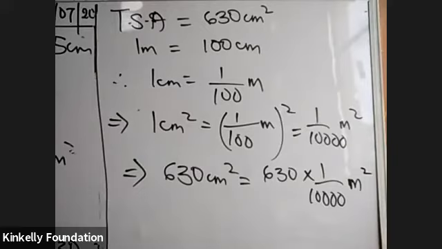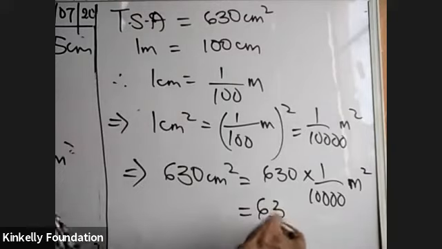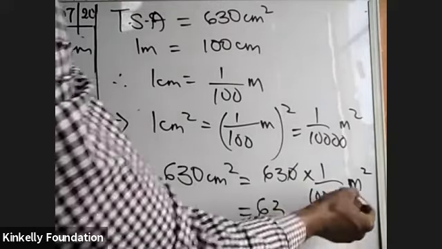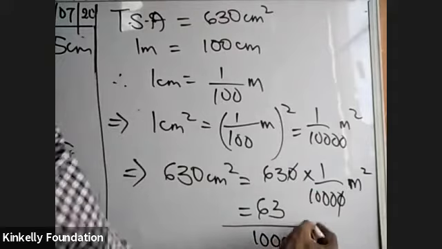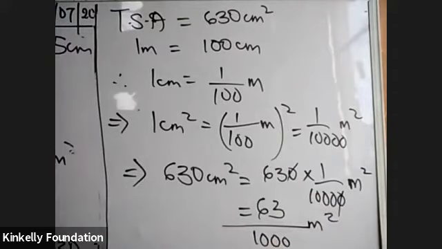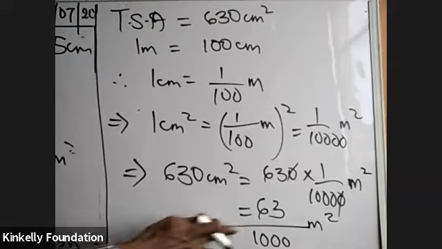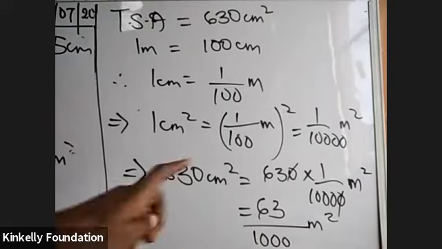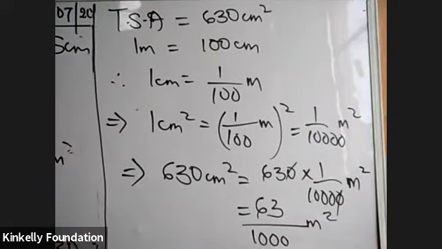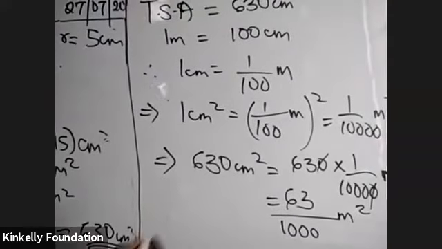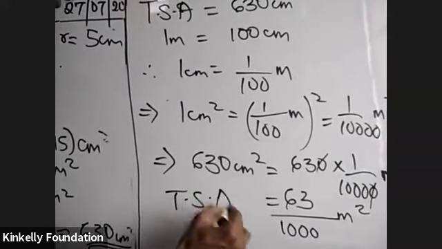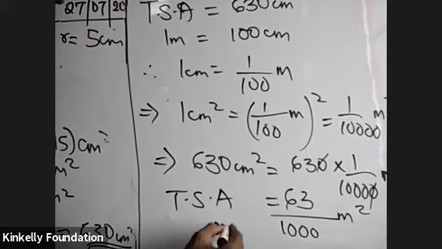So that is it. What do we now have? 63 over, this 10 will go here, over 1,000 meter squared. This is the TSA in meter squared.